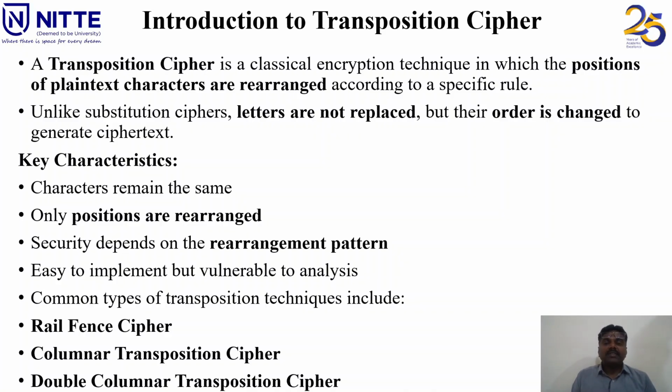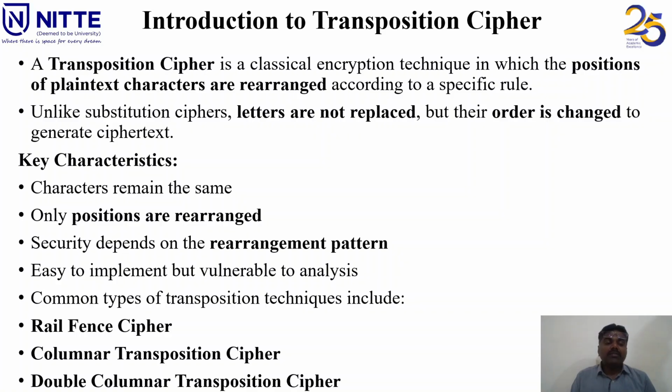The key characteristics of the transposition cipher: characters remain the same, only the positions are rearranged. The security completely depends upon the pattern we use for rearranging, and it is easy to implement but vulnerable to analysis. The common types of transposition techniques include rail fence, columnar and double columnar.